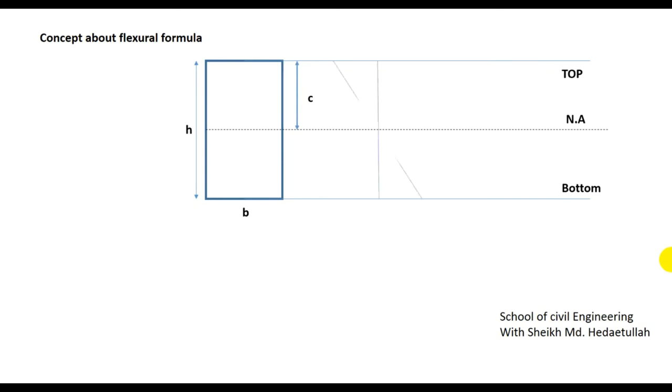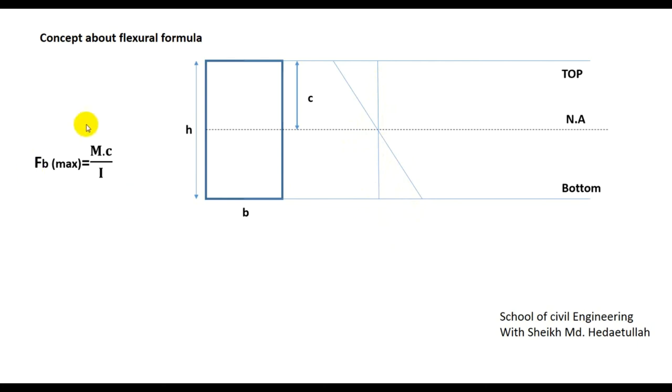If we draw the stress diagram, we'll see that at the top it produces maximum stress, and at the neutral axis it produces the minimum stress, zero. From the neutral axis, when we go to the top, the flexural stress increases, and when we go to the bottom it also creates flexural stress.